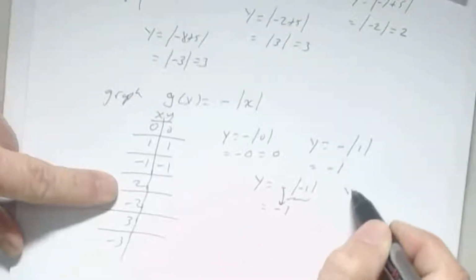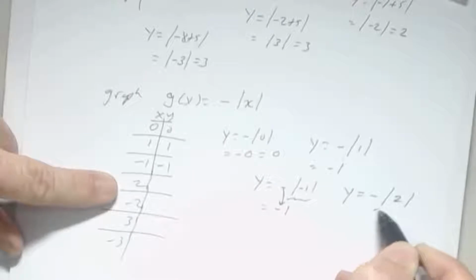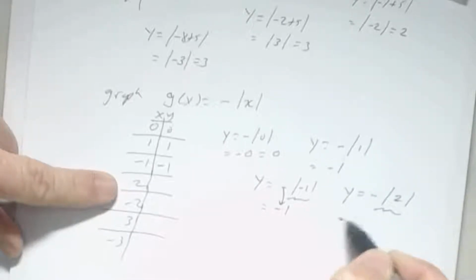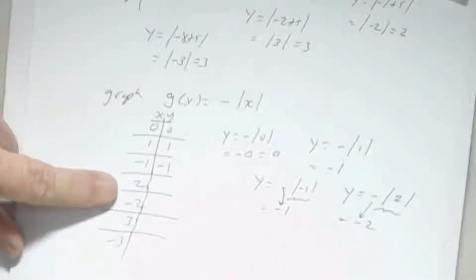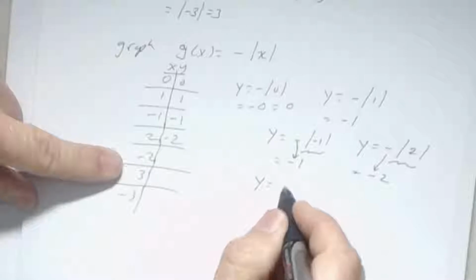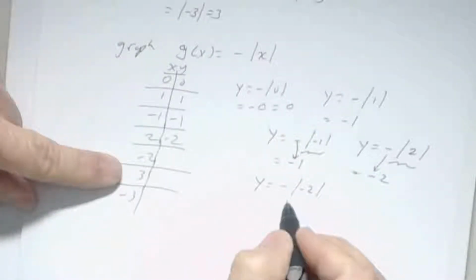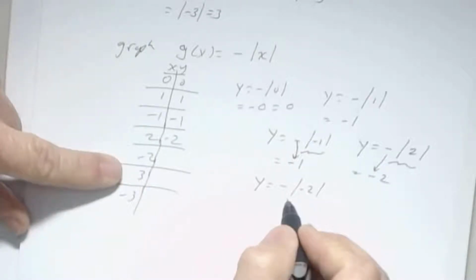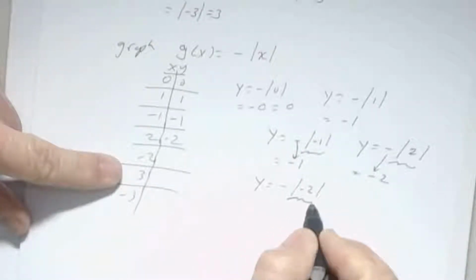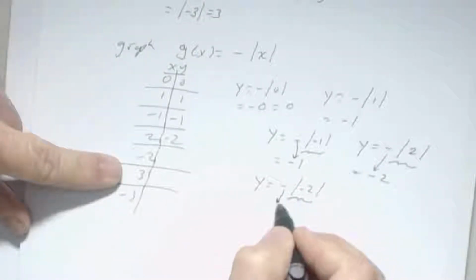When x is 2, I get y equals the opposite, or negative, absolute value of 2. What's the absolute value of 2? 2. So it becomes a negative 2. When x is negative 2, well, what's the y value, though? No, not 2. Negative 2. The absolute value of negative 2 is 2, so it becomes a negative 2.